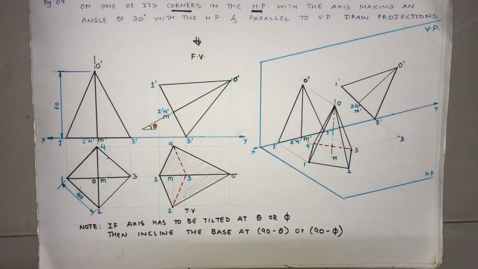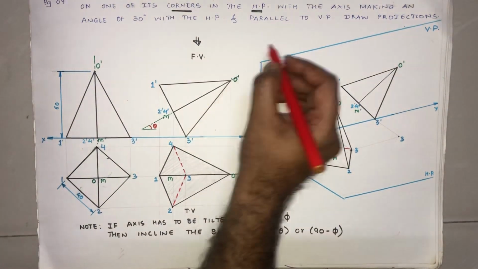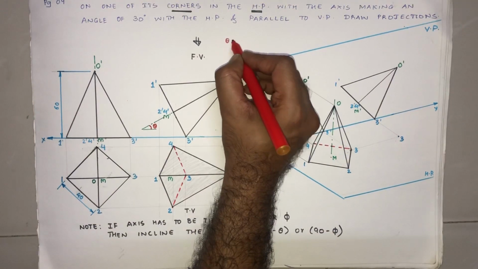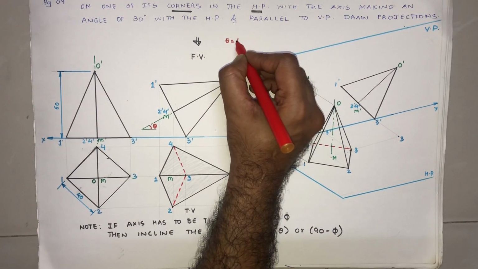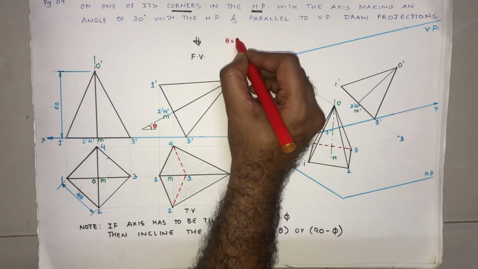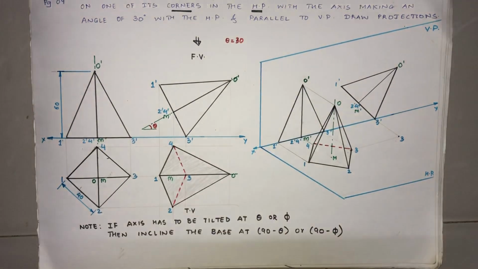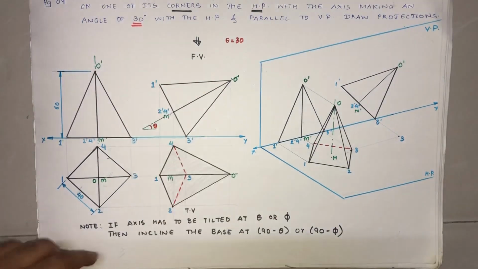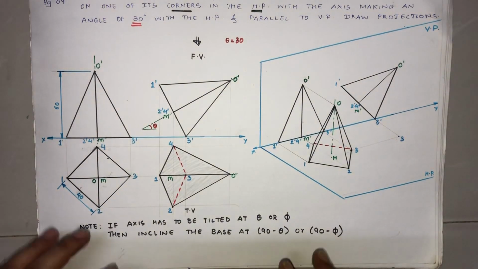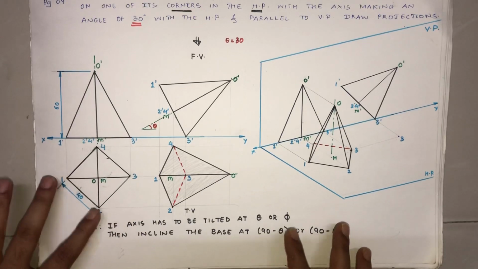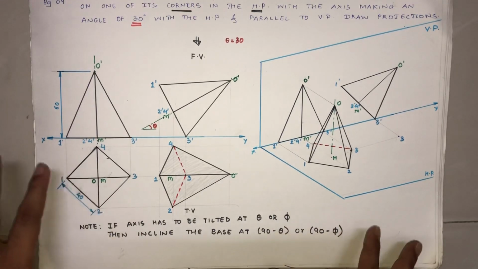We'll just quickly mention somewhere aside that theta was 30 degrees, which was given in the problem. So there lies the entire problem of solid for a square pyramid.